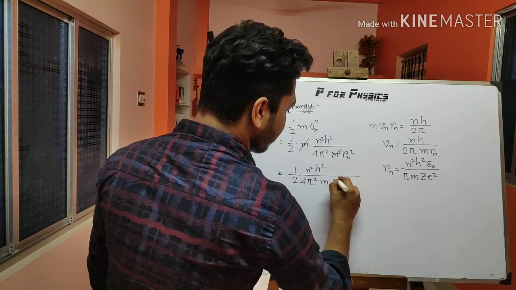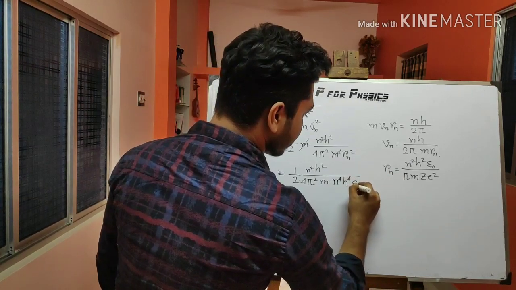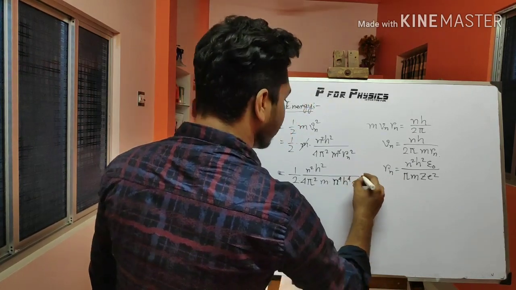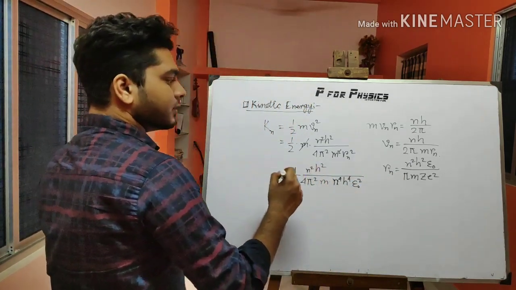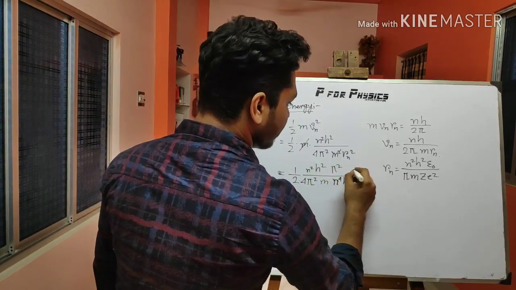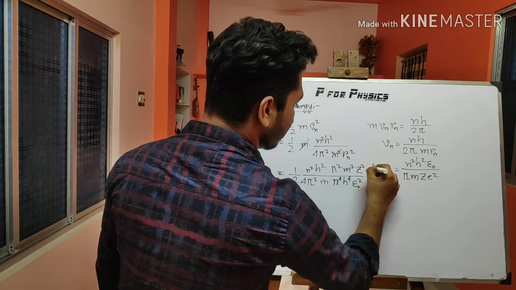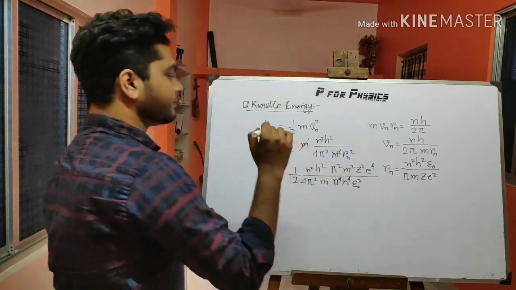Now this thing is squared, so don't get confused. Epsilon naught square, pi square m square z square e to the power 4.